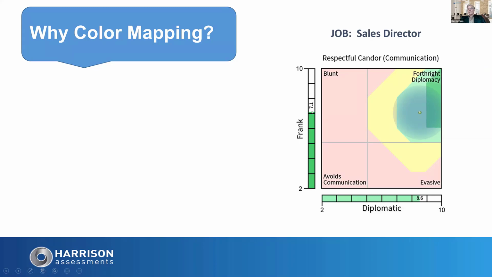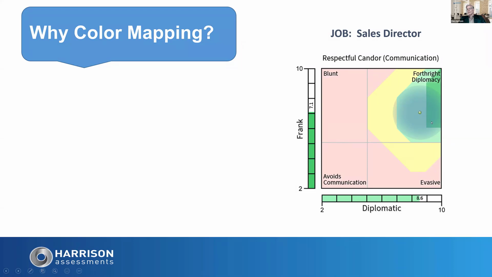And so you can see, if you remember, frank is a cafe trait. So you can see if it's above 5, you're still in the green right here. So it's a cafe trait. And it's only starting to impinge on this job when it starts to go lower. And you can see here, to be in the green, we're wanting to lean in the direction of diplomacy.